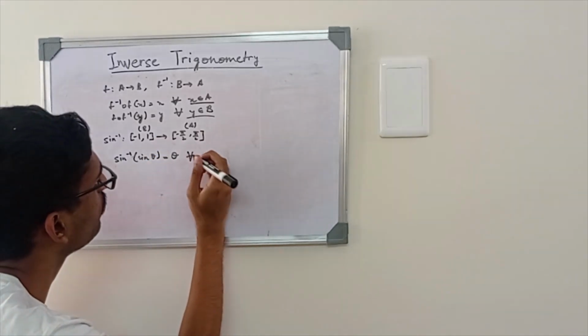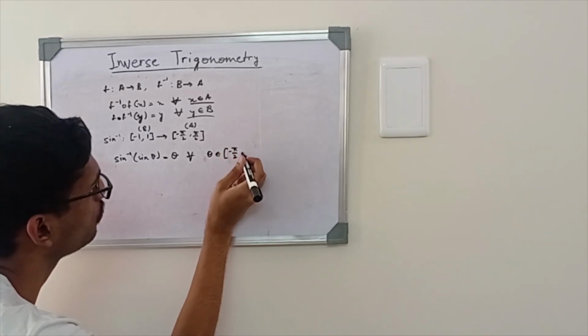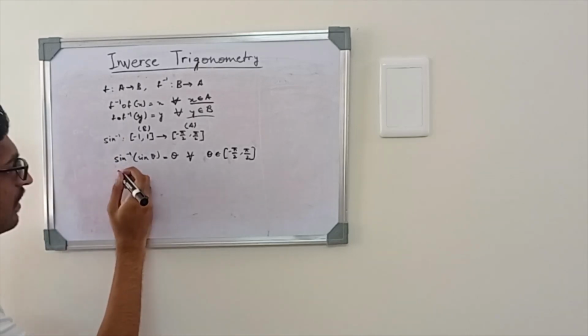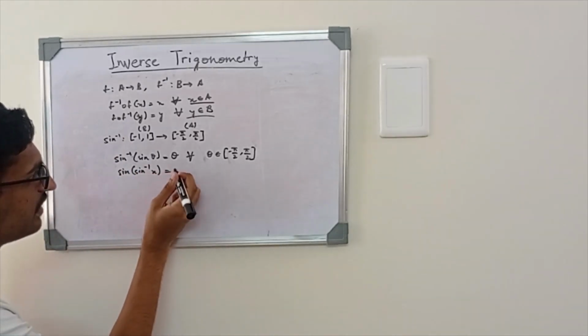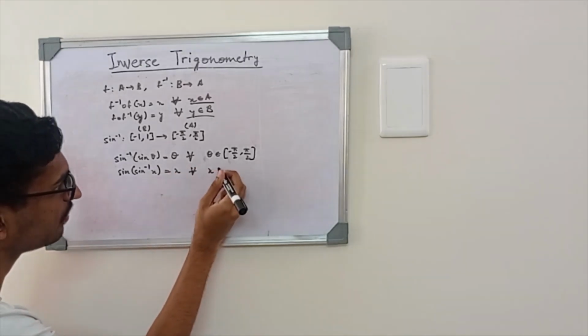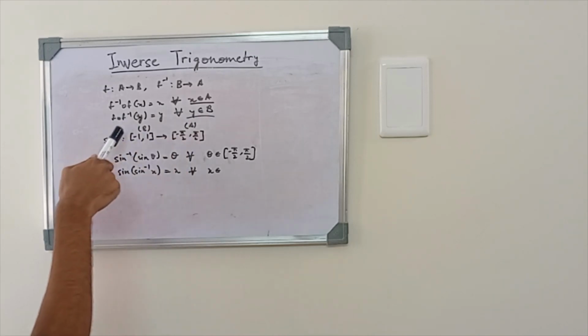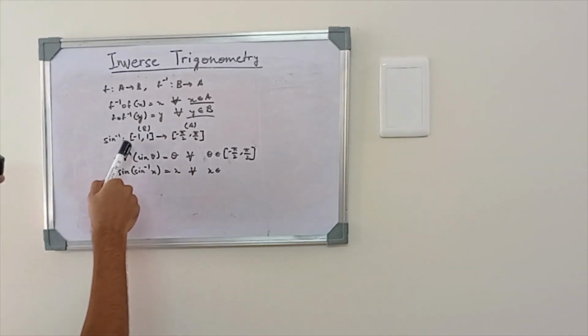So this is valid for theta belonging to minus pi by 2 to plus pi by 2 only. And similarly, sine of sine inverse of x equals x when x belongs to the set B here, because this is f of f inverse, right? So what is the set B? -1 to 1.